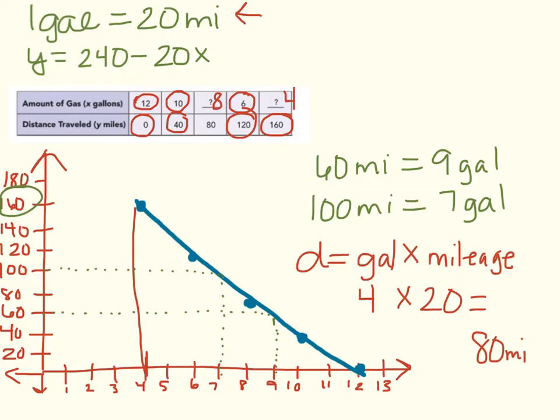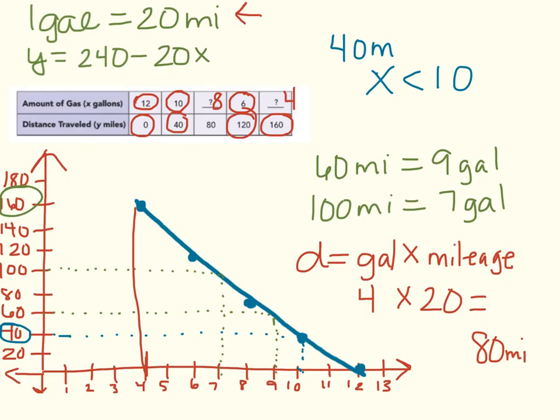All right, last question. If the car travels more than 40 miles, so if the car goes 40 miles or more, how much gas is left in the tank? Good question. So let's follow this over to our line. That means there is going to be less than 10 gallons left, right? If we've gone 40 miles, then our X, which is the number of gallons in the tank, has to be less than 10.